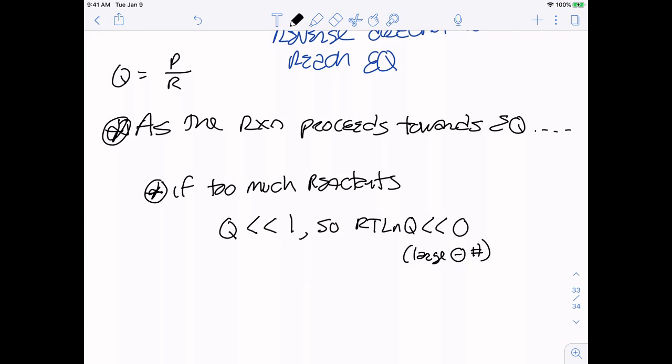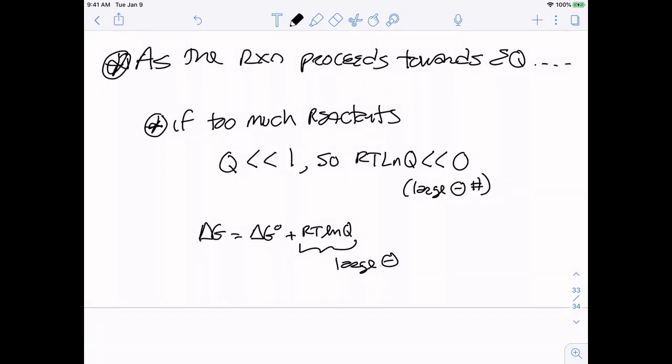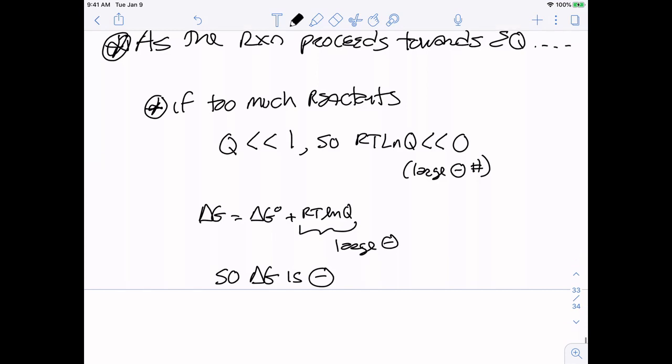So then if we look at our equation, delta G is equal to delta G naught plus RT natural log of Q. This part is a large negative number. So when I add that to my delta G naught, I'm actually going to end up with a negative delta G. So what that means, the forward direction is spontaneous.